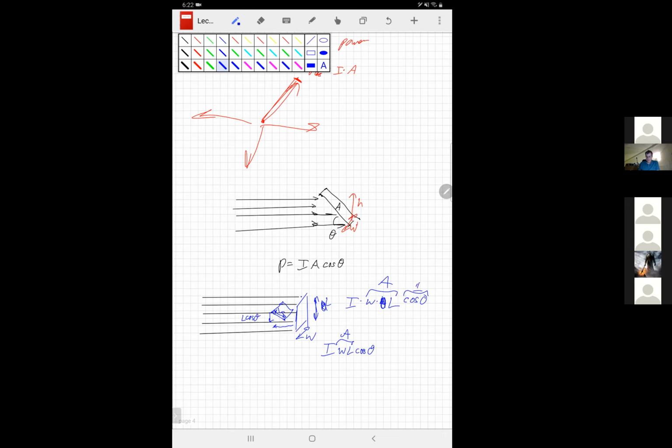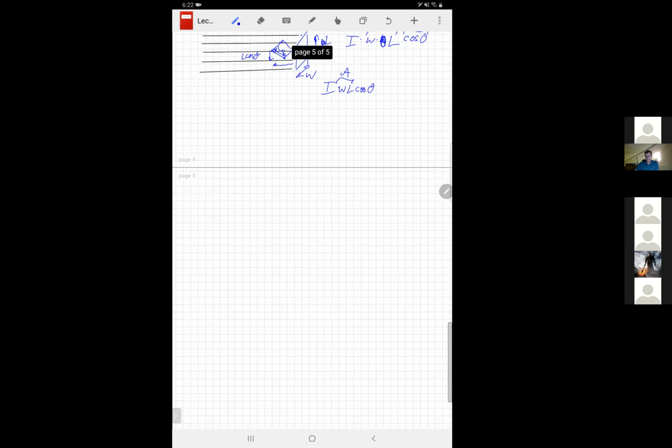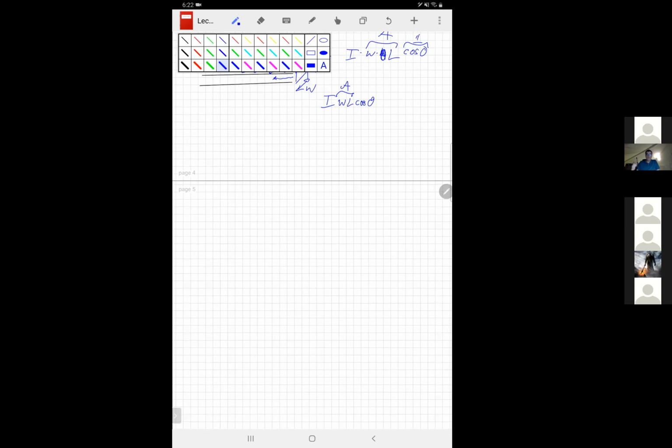Here now there's a larger angle between the normal to the surface and the rays. So it's I times A times cosine theta, where this is the angle between surface and rays. And that determines how much is actually absorbed. Any questions so far?